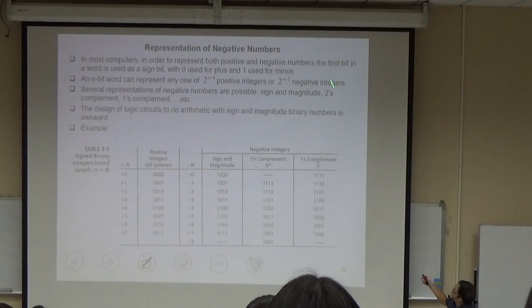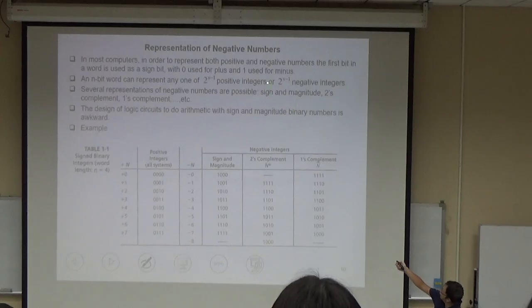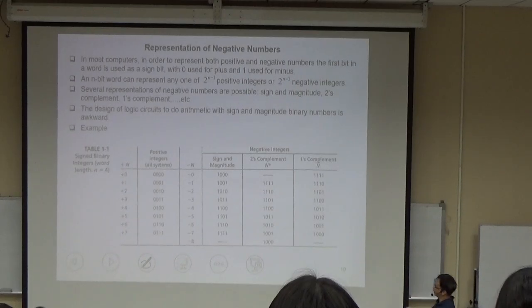We'll use 2's complement or 1's complement. Okay, that's what I'm trying to mention. In case you use this one, it's not easy to design the circuit, you need different circuits.